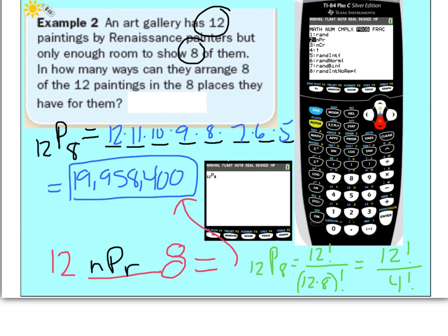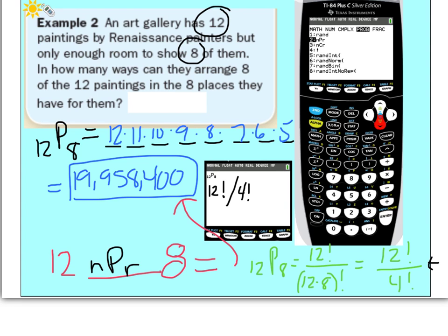To access that, you would just do math, and then scroll over to probability. On your calculator screen, you would do 12, then the factorial button, then the division sign, then go back and again do math, probability, and get ready to type in 4 factorial, and you'll get the same answer.